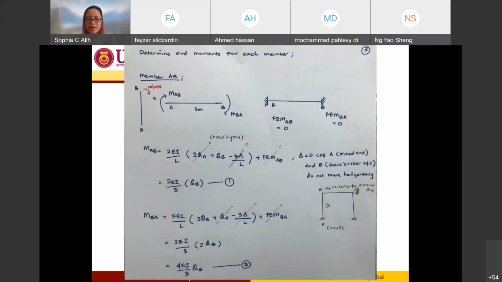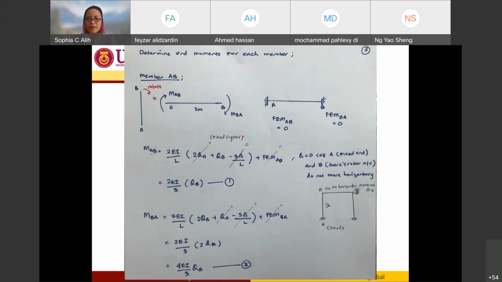For this frame, since this is a fixed end at joint A, we will not have any deflection at joint A. So for this one, your theta A is going to be 0 since it is fixed support, so I cancel it out. And since joint C is supported by the roller, there is not going to be any horizontal movement for joint B as well.